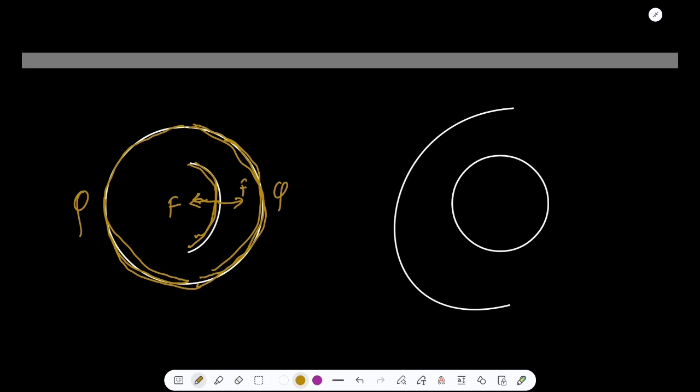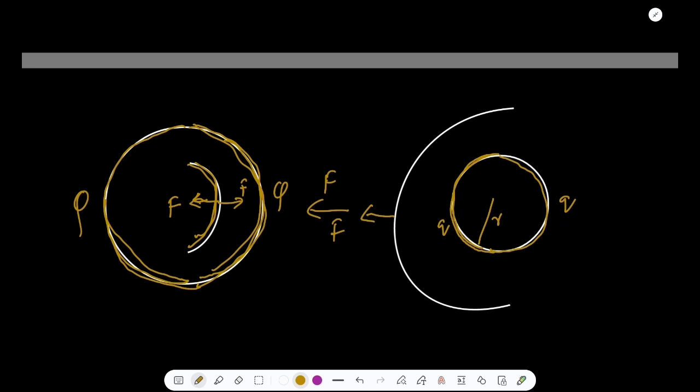And now I'm going to use this result in this case, and I'm going to complete the smaller sphere. It was earlier like this, and it had a charge q, and I added another hemisphere of the same smaller radius and charge q, and this hemisphere is going to exert a force F on this larger hemisphere, and this will of course exert the same force F on the larger hemisphere.